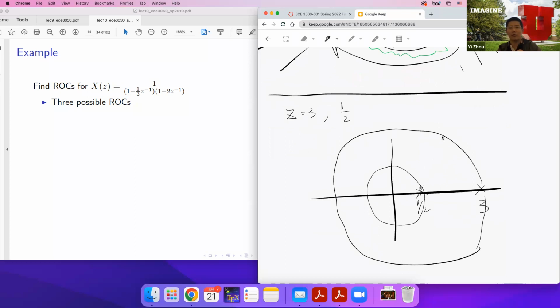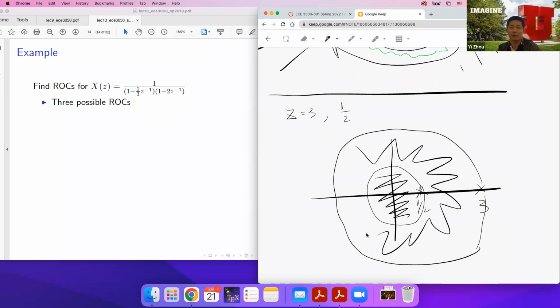smaller regions. One is inside the innermost circle. So this is the first possible ROC. And the second one is the rim between these two circles. This is the second possible ROC.